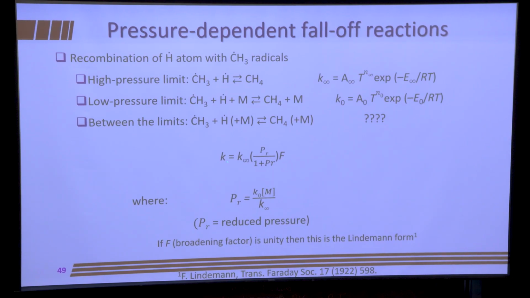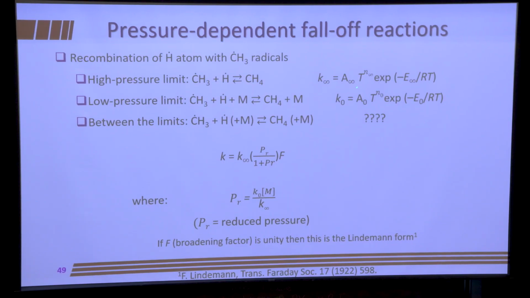And we have this relationship: the rate constant is equal to K infinity times the reduced pressure all over 1 plus the reduced pressure, where the reduced pressure is M over the critical M, Mc. So we can say the reduced pressure is equal to K0 times M over K infinity, whichever way you want to look at it.